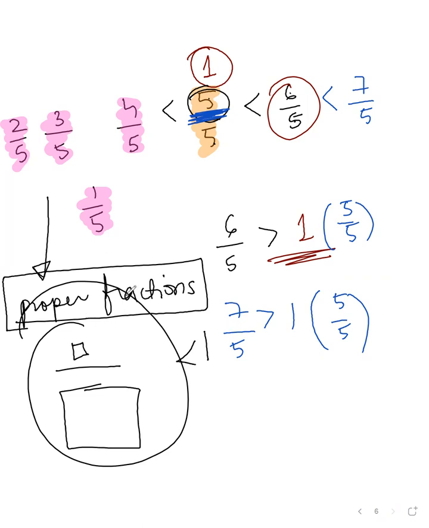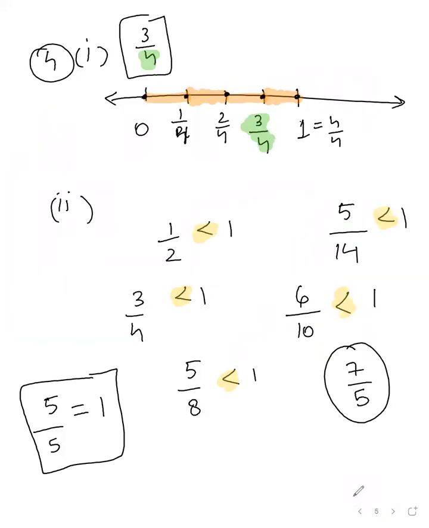And इसका opposite देख लो कि कोई भी improper fractions होंगे, मतलब numerator बड़ा है denominator से, then that will be greater than 1. Understood? Okay, good. So now tell me, 7 by 5 is? Greater than 1. Very good.